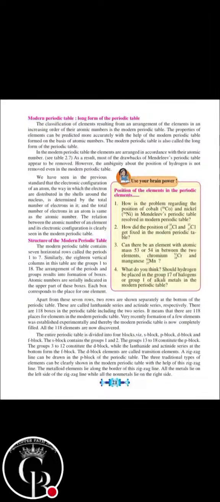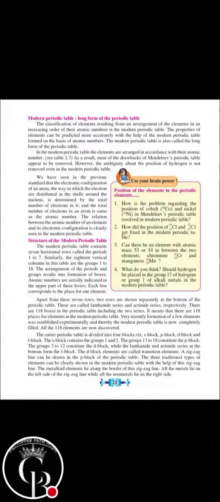Modern periodic table and electronic configuration of the elements. The characters of the groups and periods in the modern periodic table are because of the electronic configuration of elements. It is the electronic configuration of the elements which decides the group and period in which it is placed.